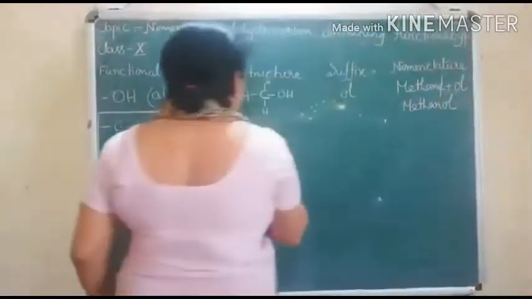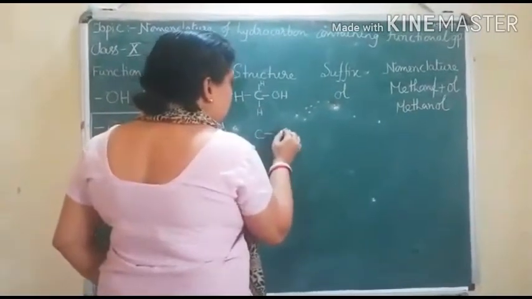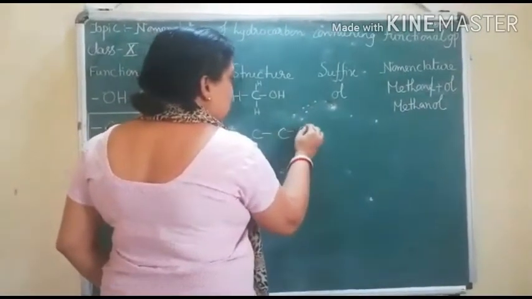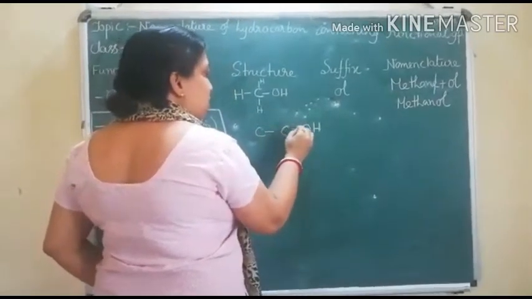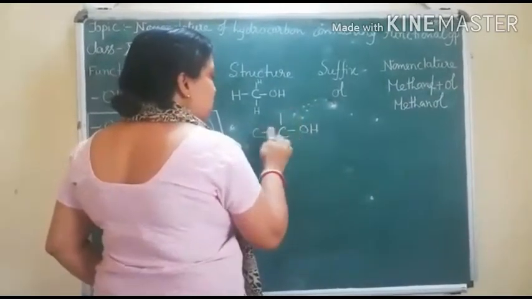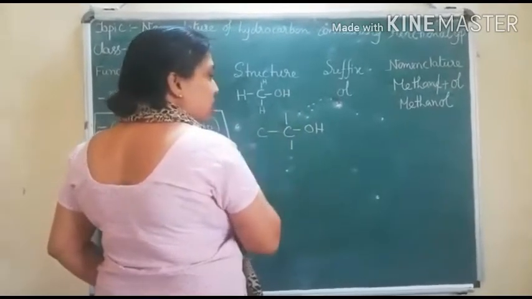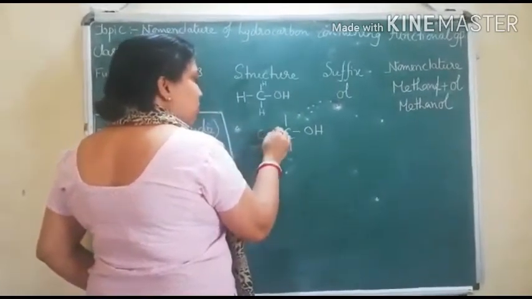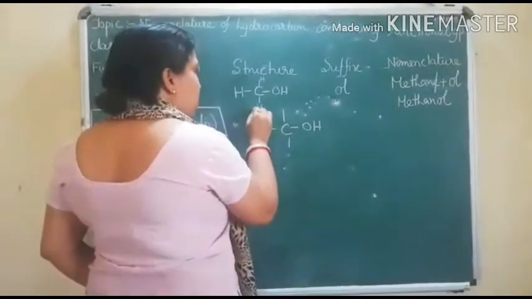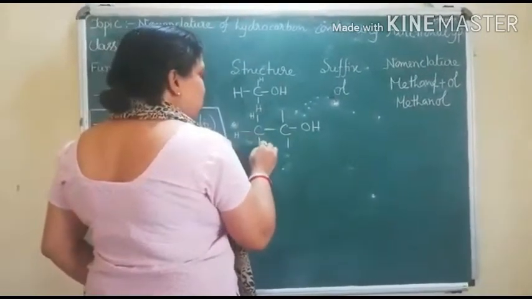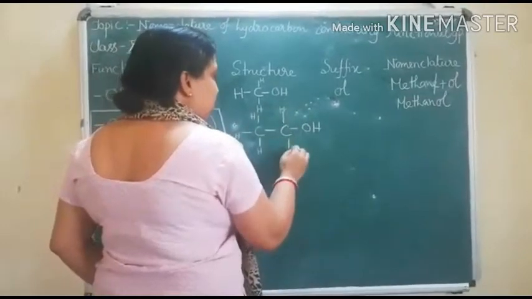Next, how many carbons will I take? I will take 2 carbons and the functional group is OH. Now satisfy the hands, 1, 2, 3, 4. So 4 hands satisfied for this carbon. For this carbon, 1, 2, 3, 4, 4 hands satisfied. Now put hydrogen, 1, 2, 3, 4, 5.